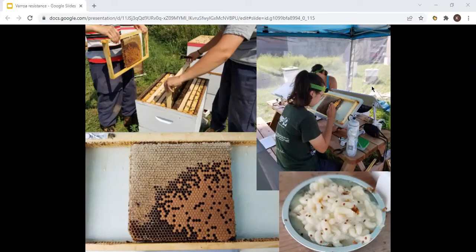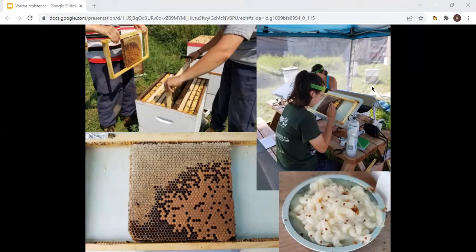I had the pleasure of working with the research team at the Animal Research Center of Deschambault in Quebec a few years ago when TTP collaborated with Pierre Giovinazzo and the University of Laval on a research project aimed at breeding VSH in bees. These are a few photos of the initial assessment. You can see us removing those frames from these Varroa colonies.